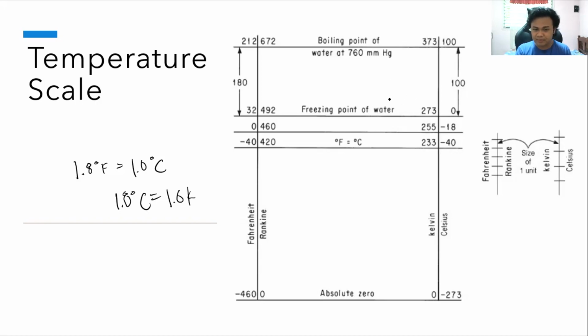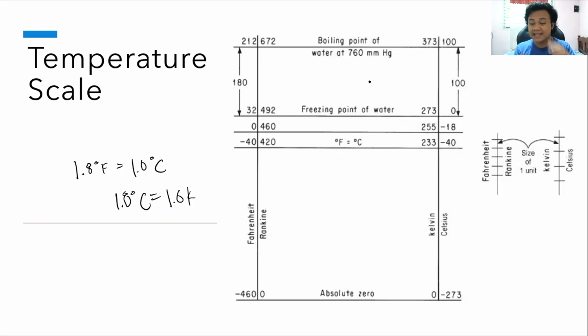Notice here on the right side, this is in Kelvin and the other side is in Celsius. The basis of their interval is the boiling point of water, which is 100 degrees Celsius. And 100 degrees Celsius is 373 Kelvin, 672 degrees Rankine and 212 degrees Fahrenheit.